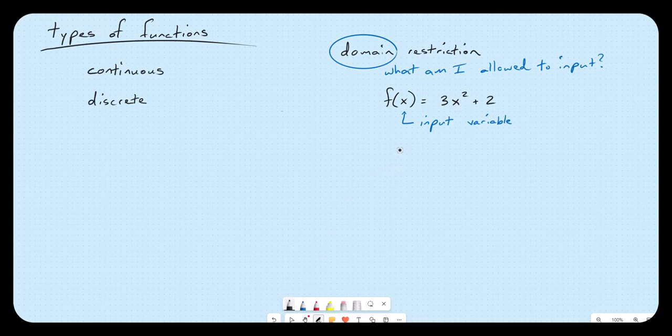What if I have a real-world interpretation? Maybe I have g of x is equal to 4x. So again, it looks like just any other function, but then I'm also told g of x represents the number of legs on x dogs.